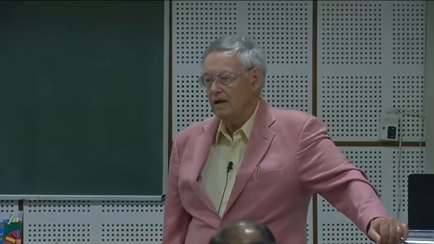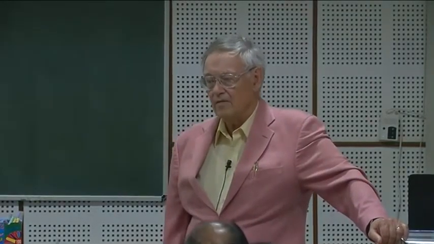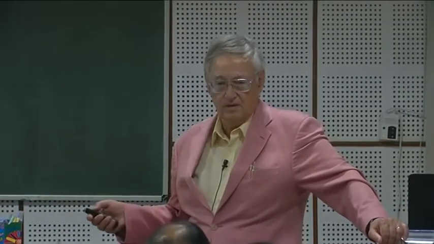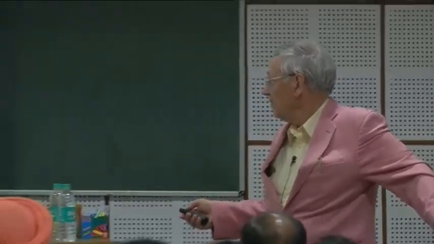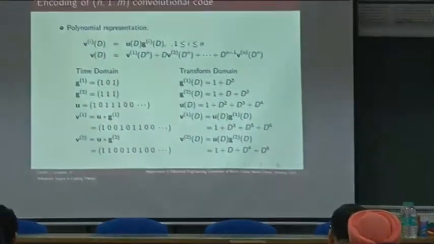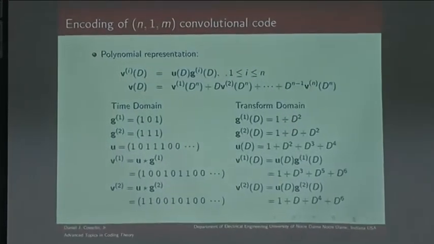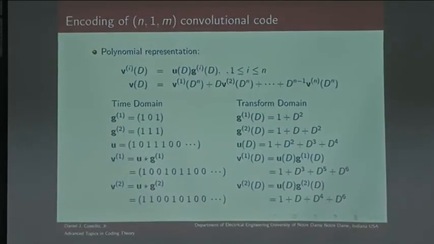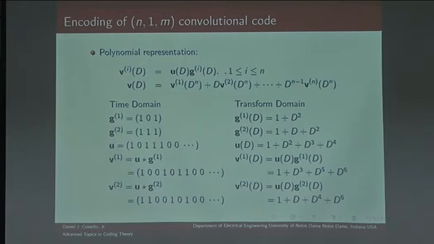So actually, in some sense, convolutional encoders, especially simple convolutional encoders, like with just memory 2 like this, can be used to generate large block codes just by putting long information sequences into simple convolutional encoders.